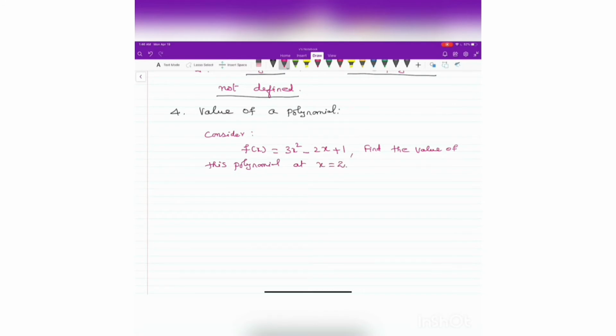You have to replace x by 2. f of 2 is equal to 3 into 2 square minus 2 into 2 plus 1. This is 3 into 4 minus 4 plus 1, that is 12 minus 4 plus 1, which is equal to 9.